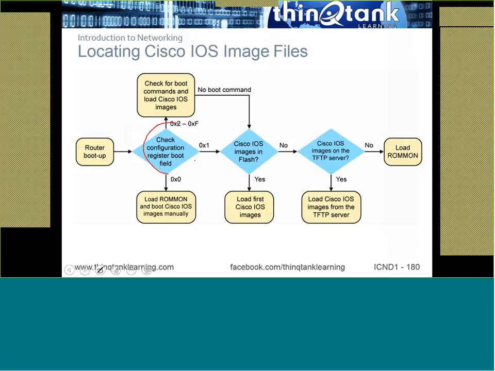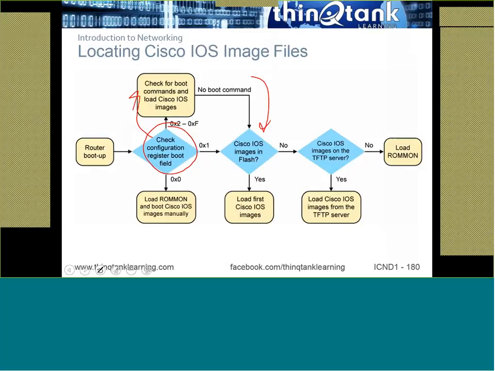Router boots up, we check the configuration register. If the configuration register is set to boot normally, we load the IOS. If there are boot commands, we follow what the boot commands say. If there are no boot commands, which IOS do I load? If I have multiple copies of IOS in Flash, which IOS do I load first?